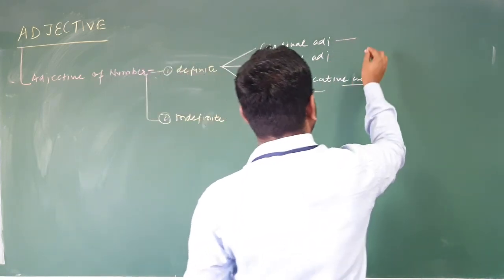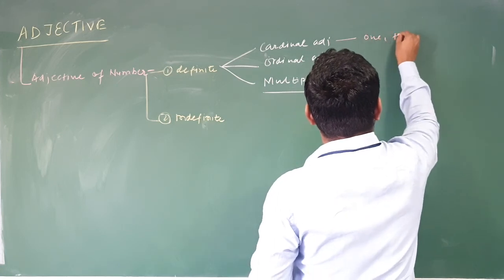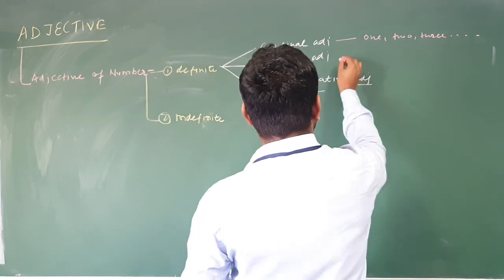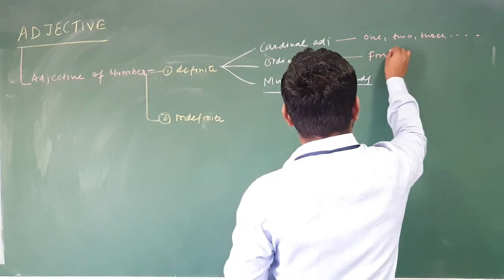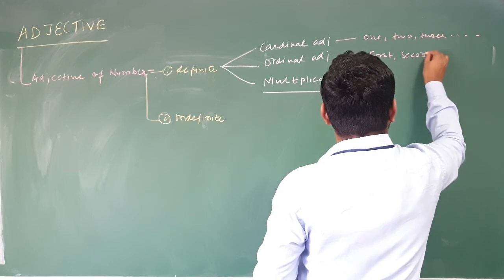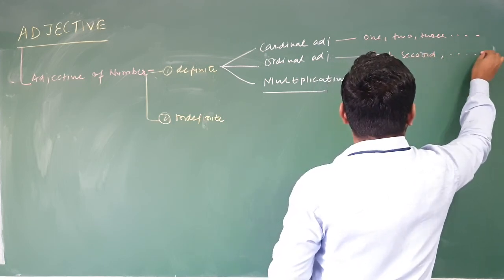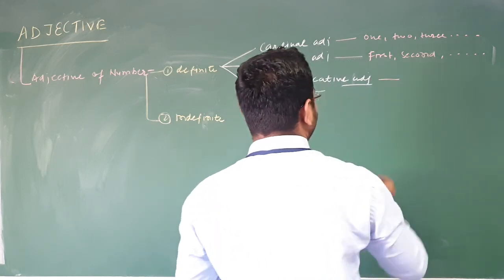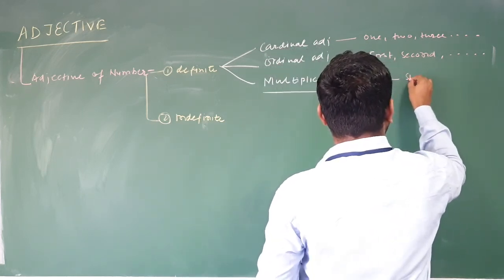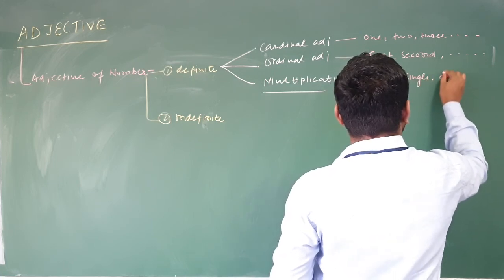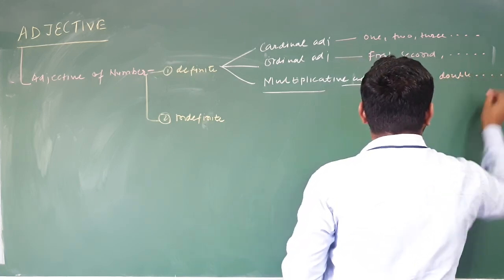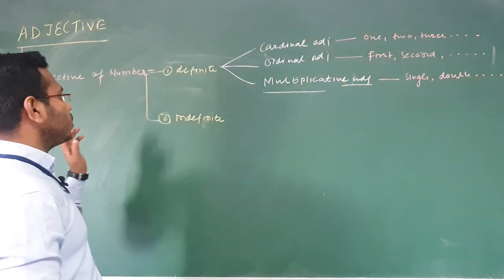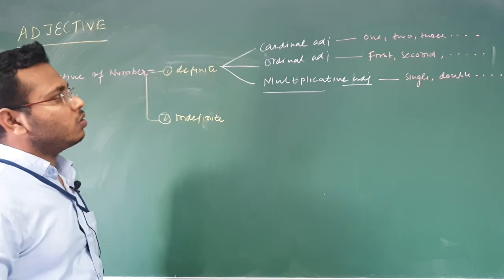Cardinal adjective means 1, 2, 3. Ordinal adjective we say first, second, third, in this way. And multiplicative adjective we say single, double. So these are the examples for the classification of definite adjectives of number.